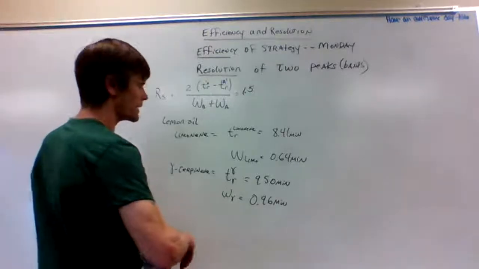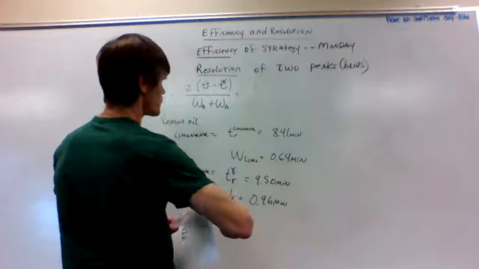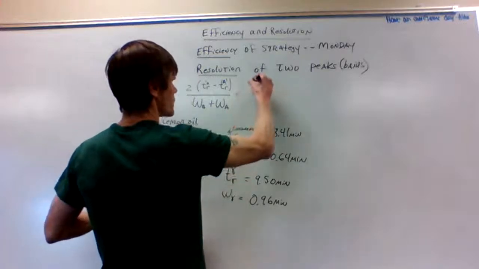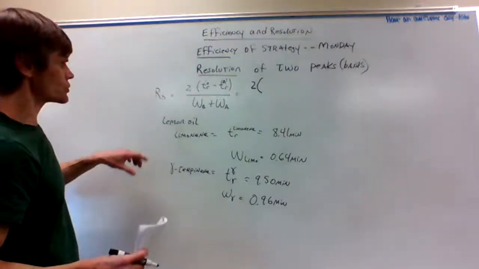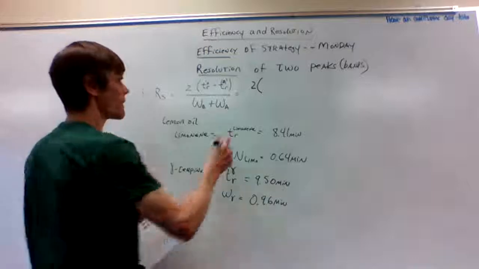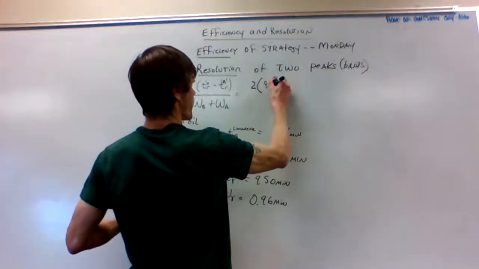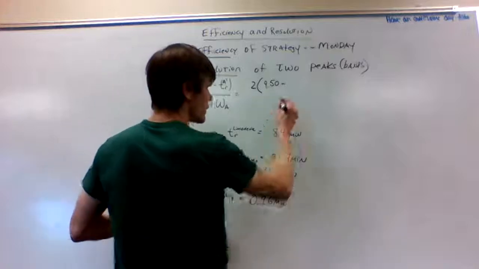Let's put our data in here and let's calculate what our resolution is. Let's put these numbers in here. Remember, this is going to be the retention time for our later species, 9.5, minus the one that comes out earlier.